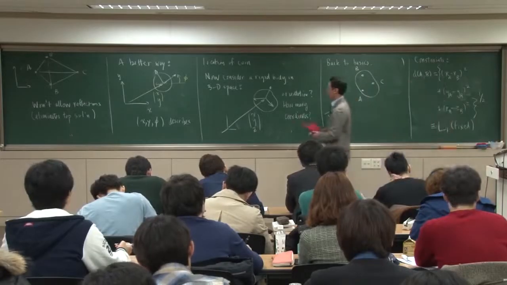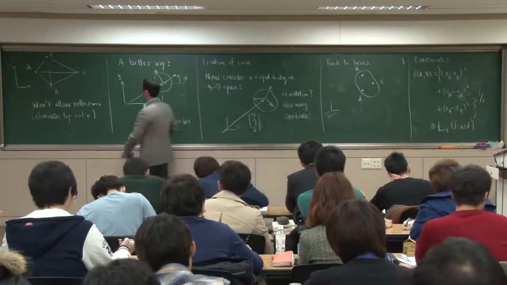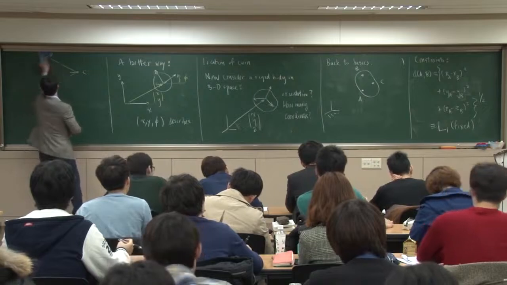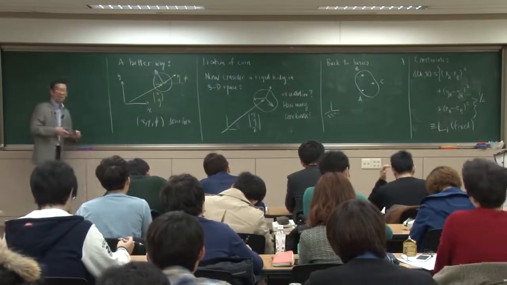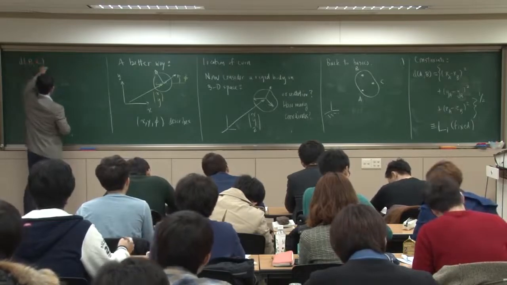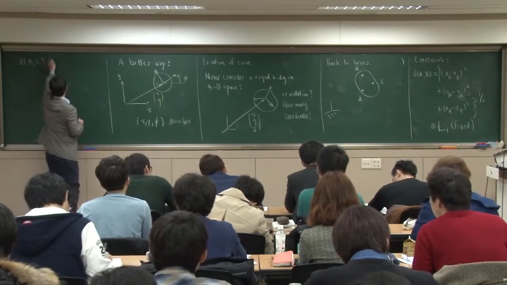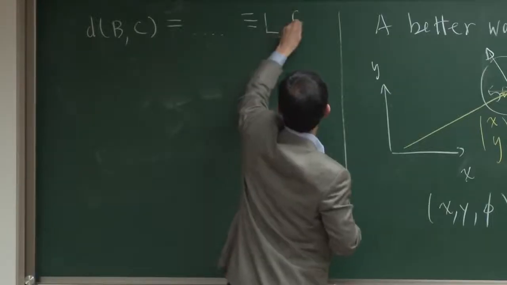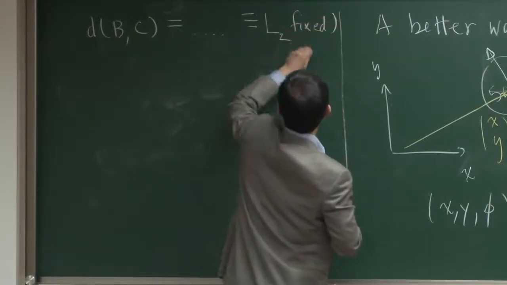The other constraints are the same. The distance between B and C, I won't write the detailed formula, is some fixed L2.